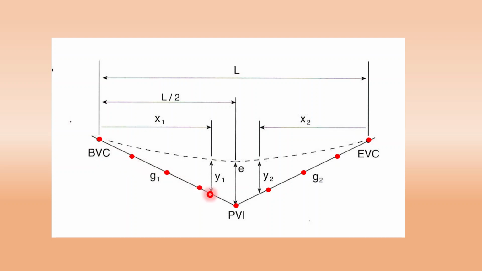But once you've calculated the elevations along these straight gradient lines, our next step is to compute these y ordinates, these y offset dimensions from the gradient line up to the design curve. And we'll be doing that here in a second as well.